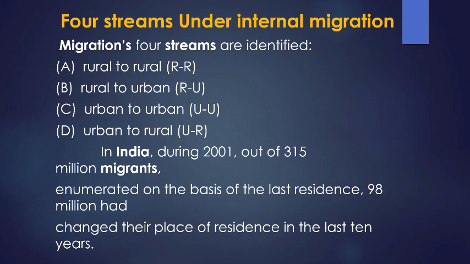The third one, UU, means migration takes place from urban to urban. And lastly, the fourth one, when migration takes place from urban to rural, is UR. In India, during 2001, out of 315 million migrants enumerated on the basis of last residence, 98 million had changed their place of residence in the last 10 years.